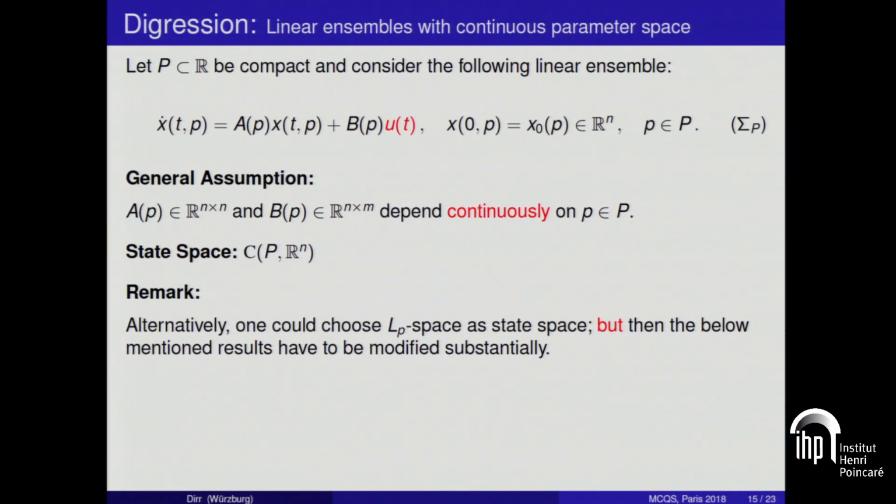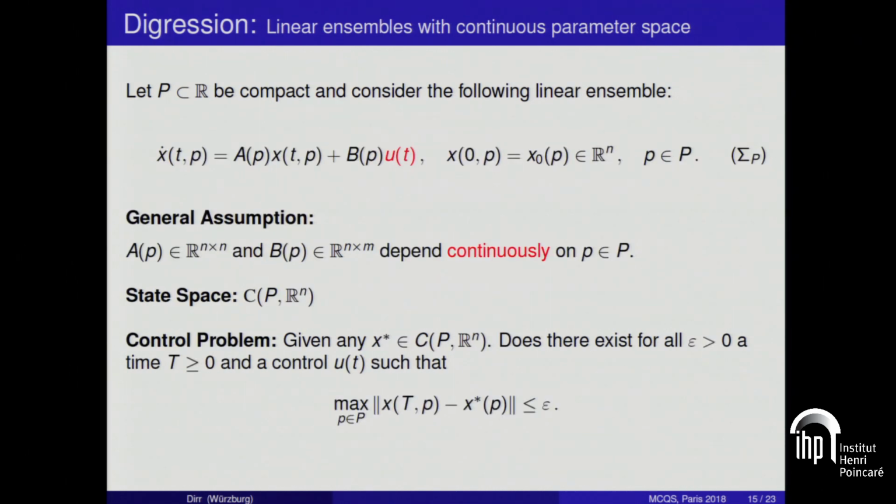So the results will depend heavily on your state space. Then you again have this notion of approximate controllability: you want to find a control which drives the initial state arbitrarily close to your final state.